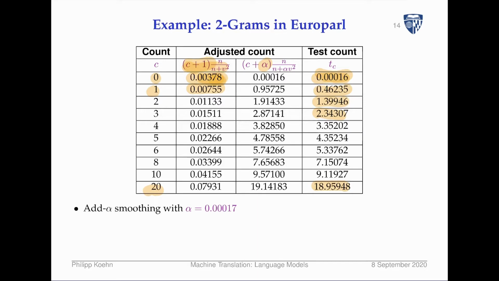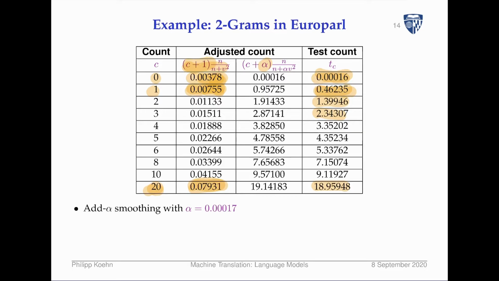Because already for the things that occur once, that we still expect to occur about half of the times in the other corpus, we only have now 0.0755 left. And if you look at this number here, things got completely off the rails. Things that occur 20 times, we now expect to occur only 0.07931 times.